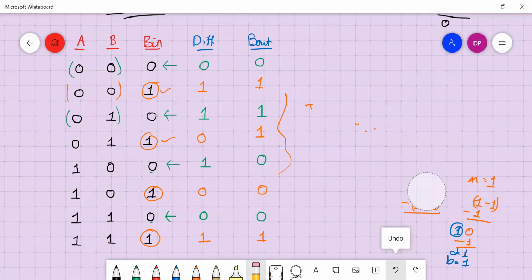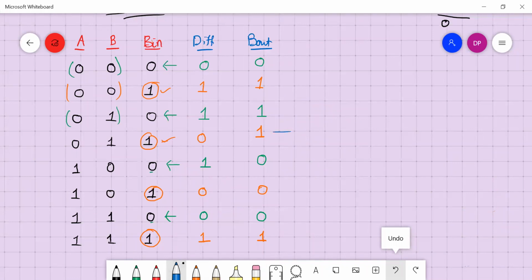Sir, once explain that fourth one. Fourth one means input combinations, you say? 0, 1. This one.